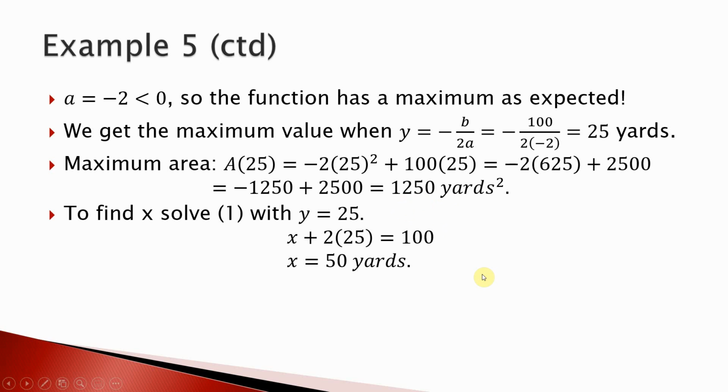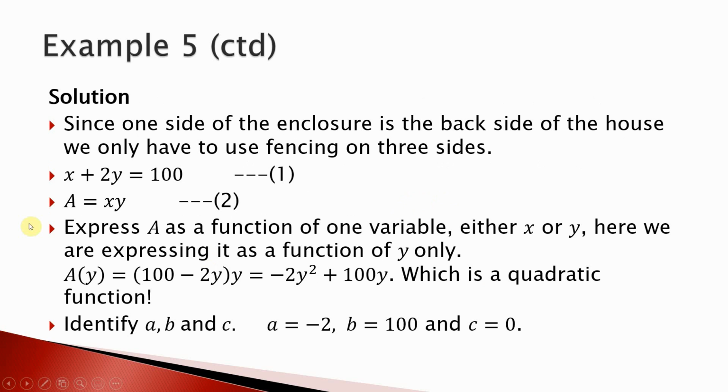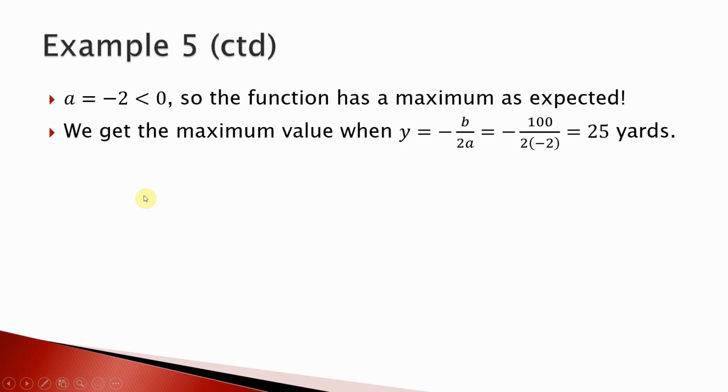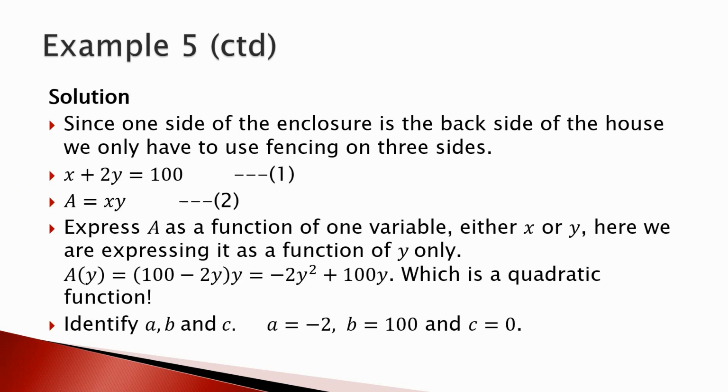And to find the dimensions, you also need to find x. So to find x, you solve this equation with the value for y substituted here. The value for y is 25, so if you substitute 25 here, 2 times 25 is 50. And if you take it to the other side, it will be minus 50, and you'll have x equals 50.